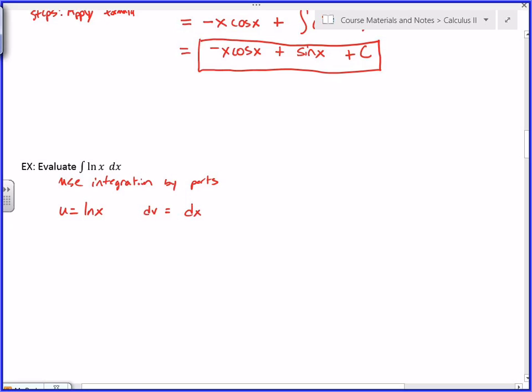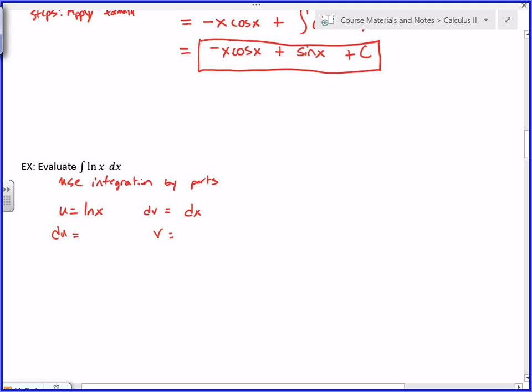The dx always goes in the dv. Has to. Because it's a d. Just like dv, you've got to have a dx in there. Okay? So, now then, once step one, we've decided what we're going to do, let's now do du, and let's find v. What is du if u is log of x?